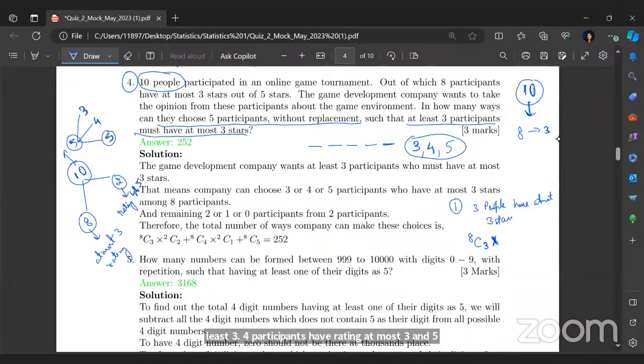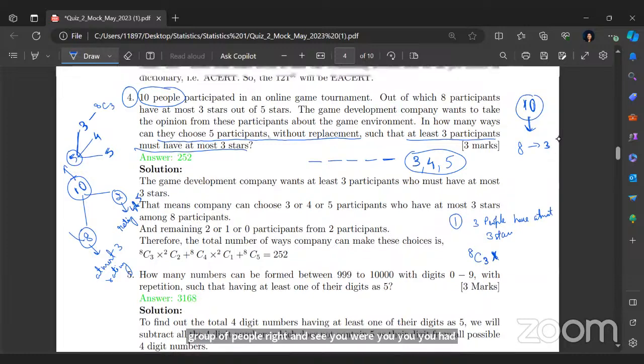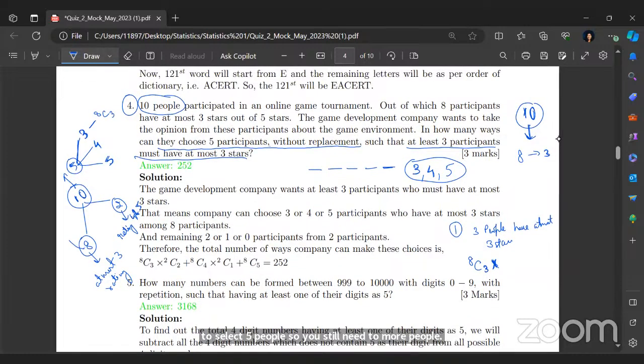If we take the first case where 3 participants have at most 3 rating, this can be done in 8 choose 3, because you will be selecting from this group of people. You had to select 5 people, so you still need 2 more, and those 2 you will select from the other group, so this will be 2 choose 2.